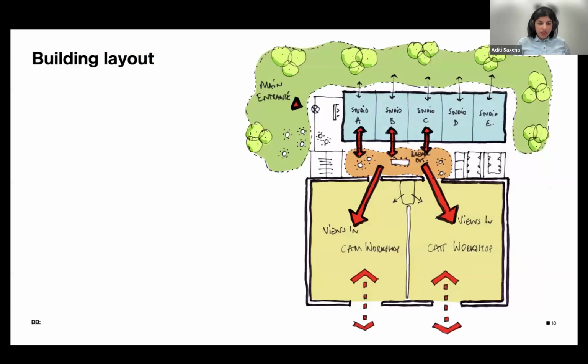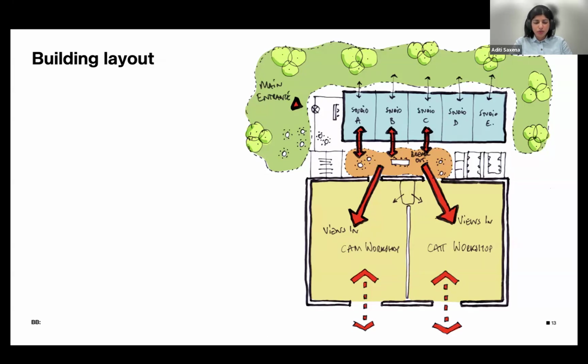And then when we look at the building layout itself, we simplified the building into two key elements: the studios and the workshops, which we referred to as the studio block and the workshop block. And this language was really tied into the structural frame of those two blocks and the materiality, as well as the functions. So on the diagram you see in the top left is the main entrance via the studio block.